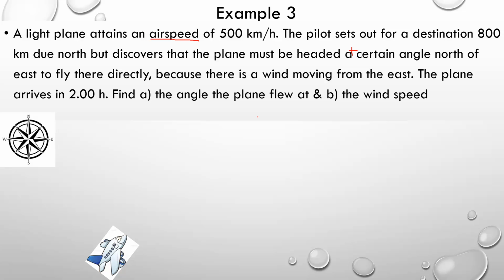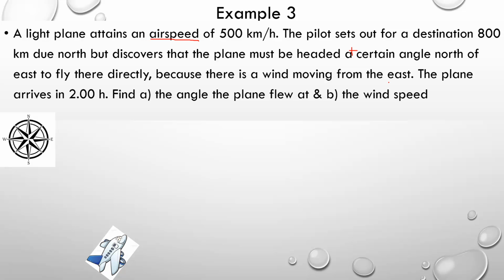So we know that the wind is moving from the east, which means that the wind is moving to the west. If you say a wind is moving from the south, that means the wind is moving north. And if you say the wind is moving from the east, that means it's moving to the west.